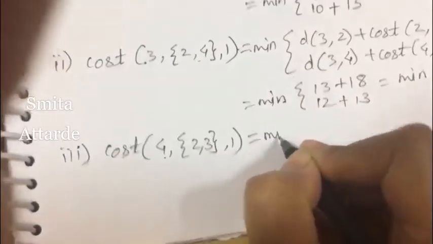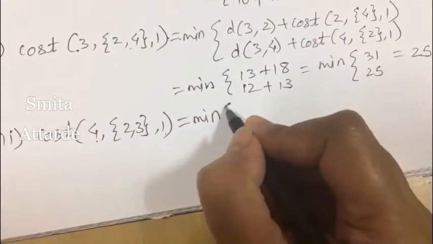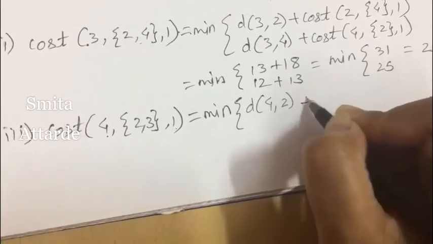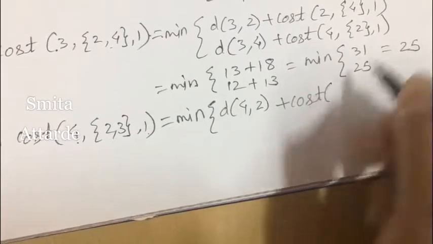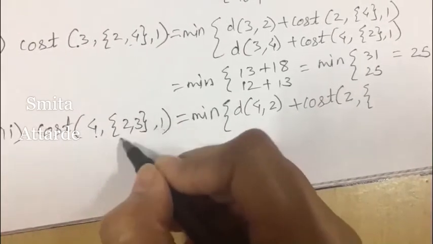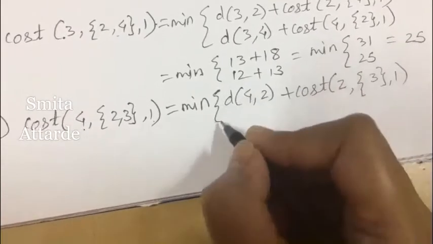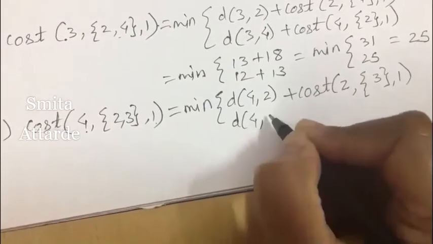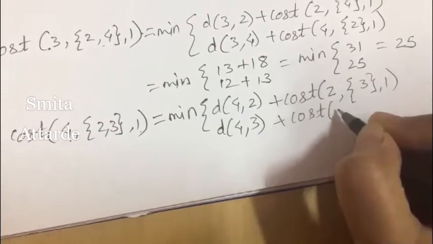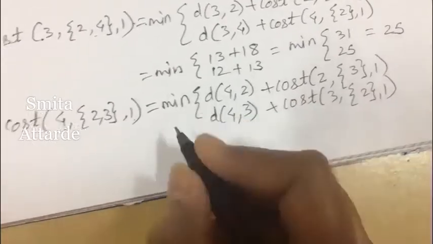So equals to min, again two cases, distance of 4 2 plus cost of j is 2 comma, now this is v minus j, so remaining is 3 1. Second case 4, now j is 3 plus cost of j is 3, remaining vertex is 2 and 1.